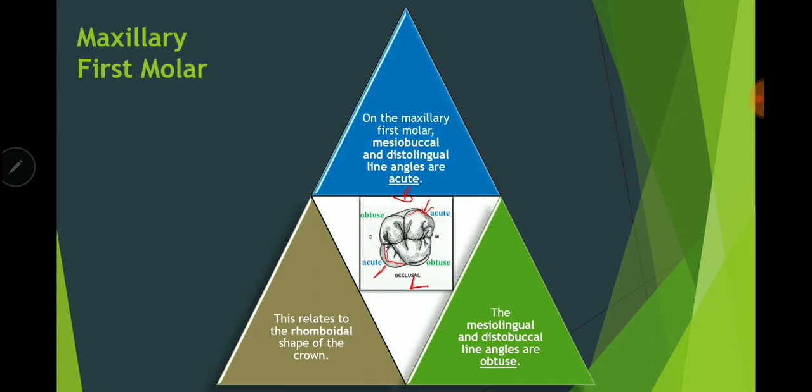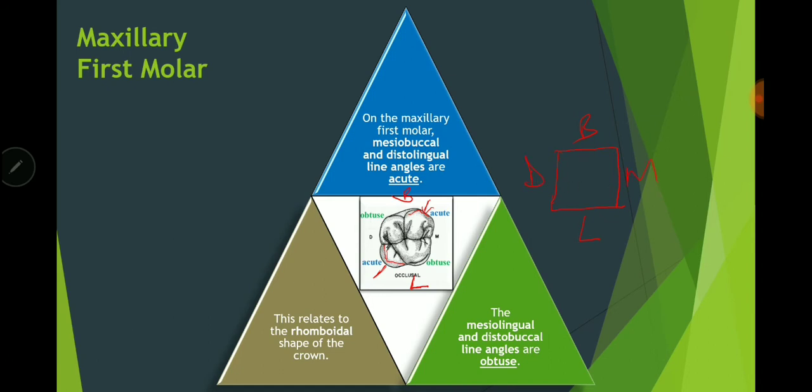So that's going to be the distal buccal, okay? So you can always draw a square or a rhomboid, whichever you want, and label them lingual, buccal, and then distal, mesial, okay?